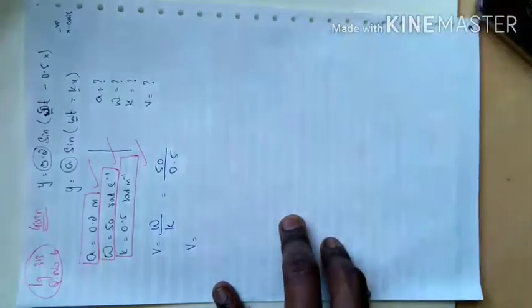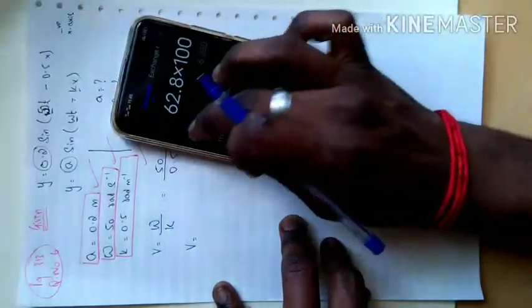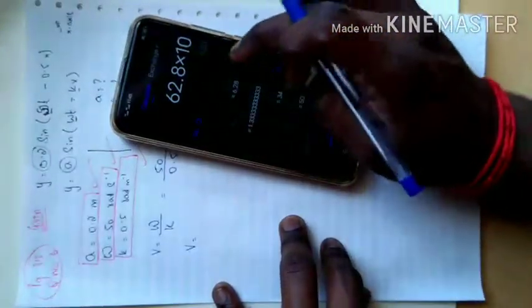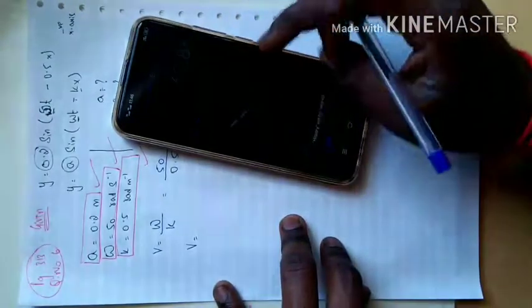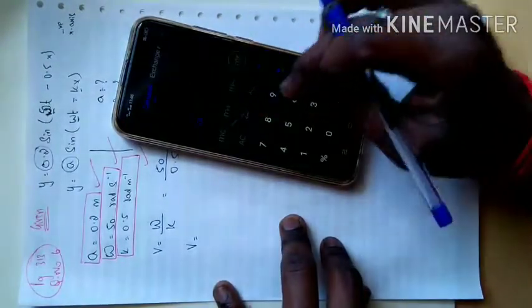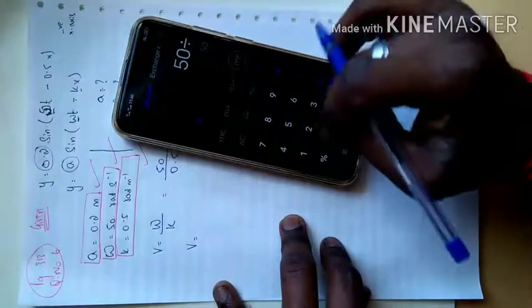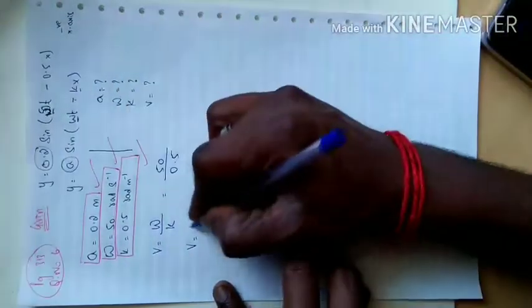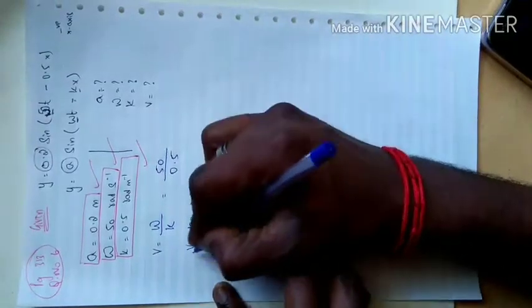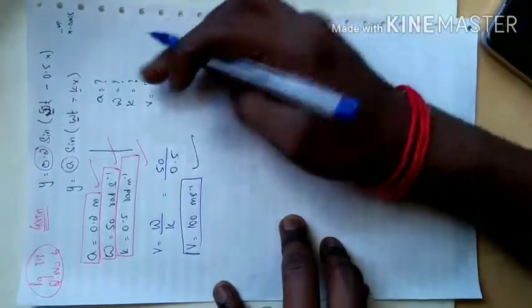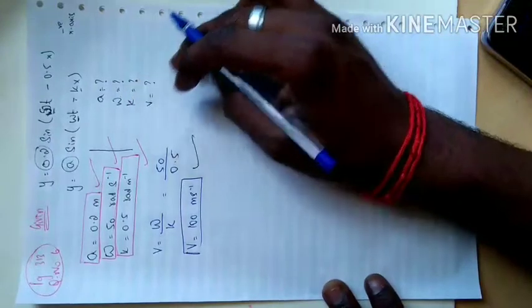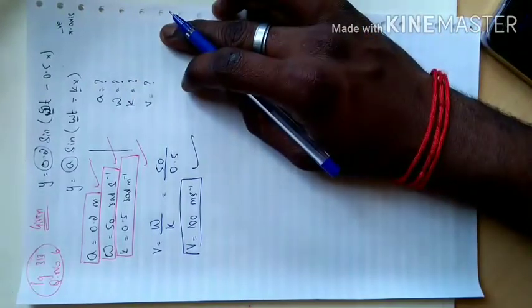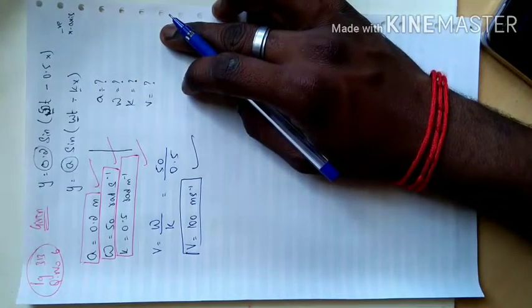So 50 divided by 0.5, then you will get 100. How much is it? 100 meter per second. Therefore, all the four quantities we have calculated. This is a direct problem based on the substitution method. Is that clear?